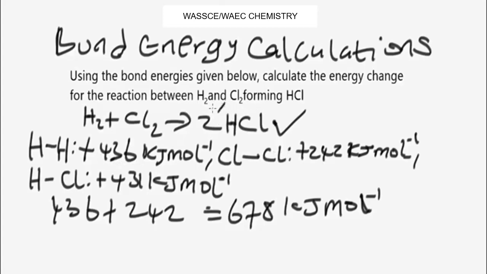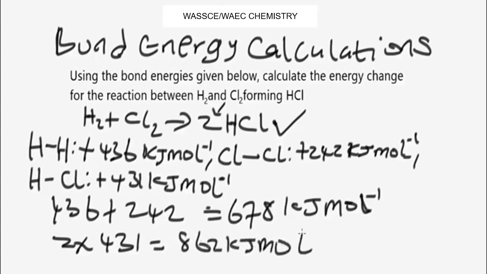So these 2 moles there, we multiply by the bond energy, which is 2 times 431. Alright, so when you break this down, you're going to have the output to be 862 kilojoule per mole.